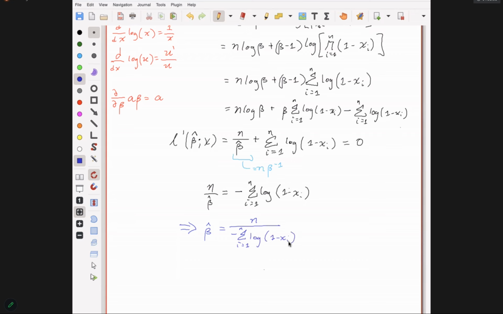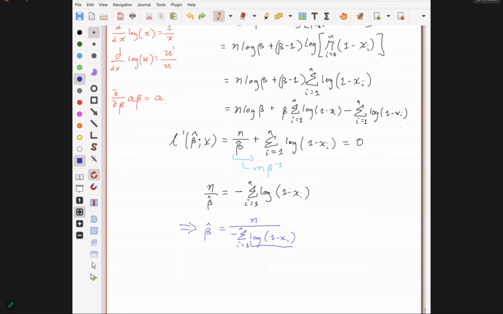Now it may seem a little bit weird that, if beta has to be a positive value, we would have a result that has a negative in it. But remember that since x is between 0 and 1, 1 minus x also is between 0 and 1.